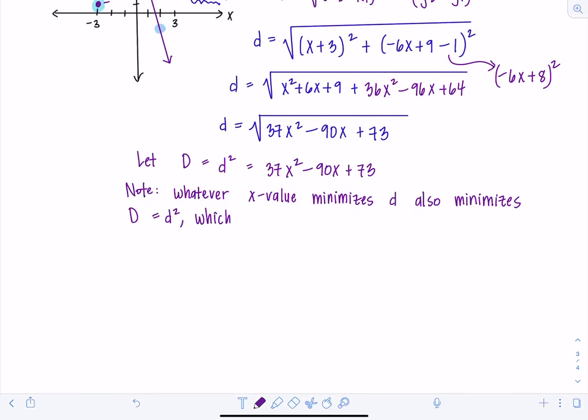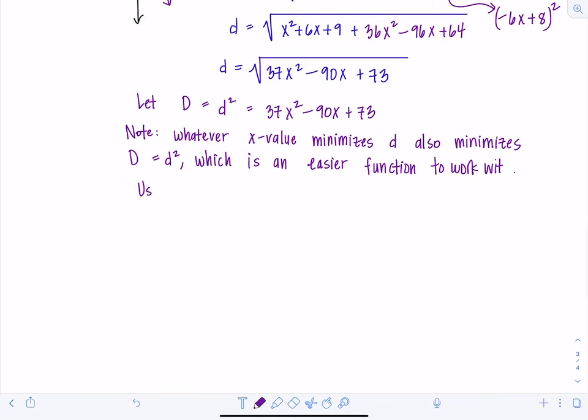And this is an easier function to work with, as I'm sure you guys can all see. Okay, so we're going to go ahead and use capital D of x, which is 37x squared minus 90x plus 73. All right, so let's take the derivative.